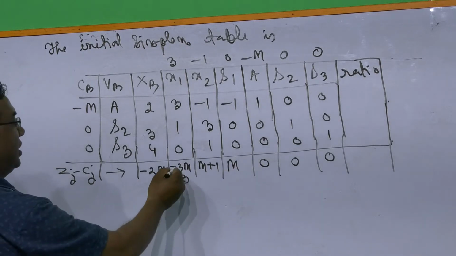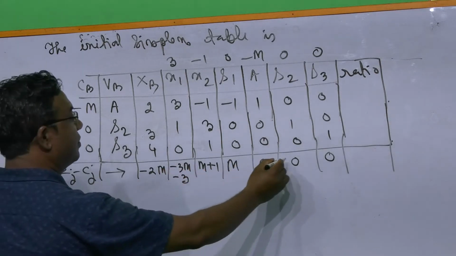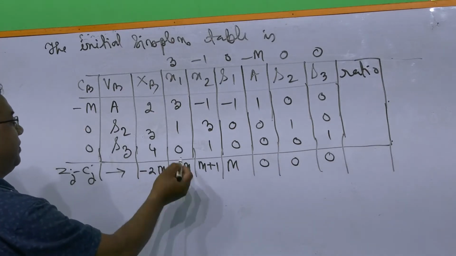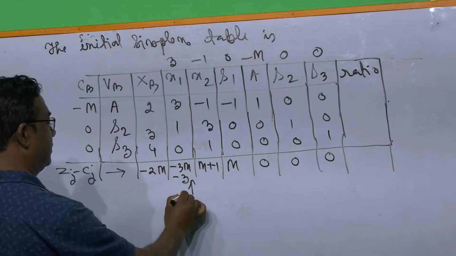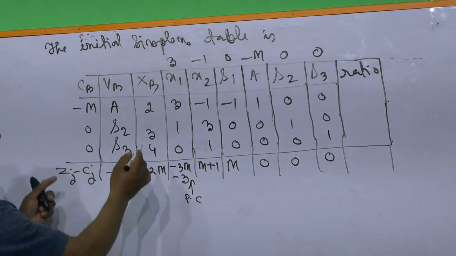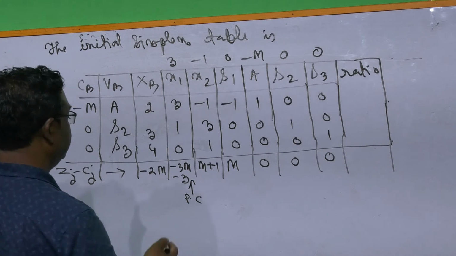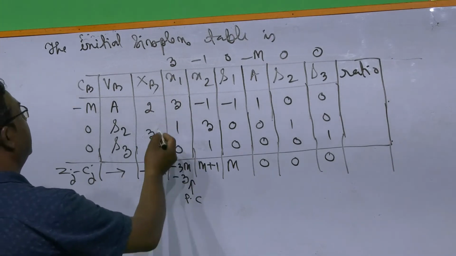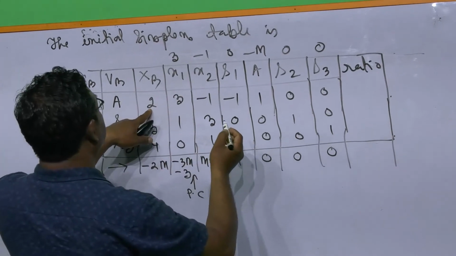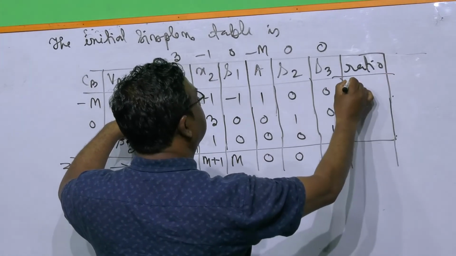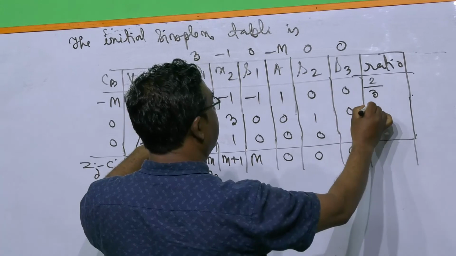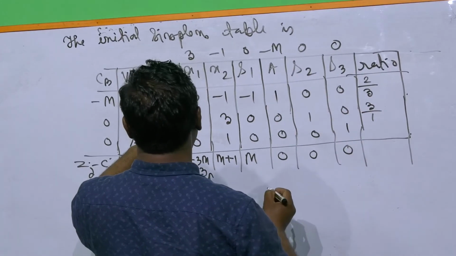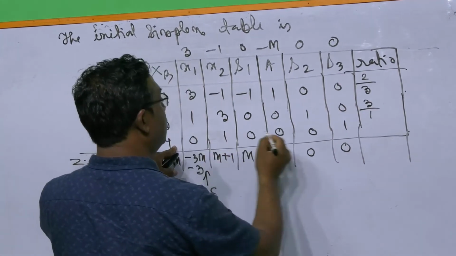So there is one negative here, these all are positive, M is a very big number, so this is the pivot column. We need the next iteration. Then you divide basic solution by this coefficient: you divide 3 by 1, divided by 0 will not be considered.